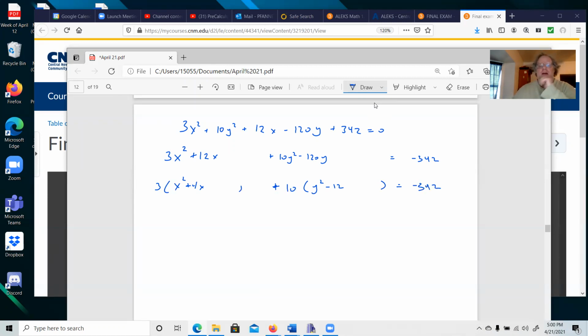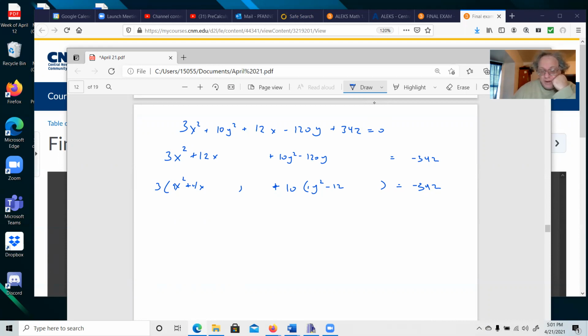Okay. Now, on the x side of this, the reason I factored it out, first off, is because completing the square only works when the coefficient here is a 1. So we force the issue and pull everything that's not a 1 away to force it to be a 1.